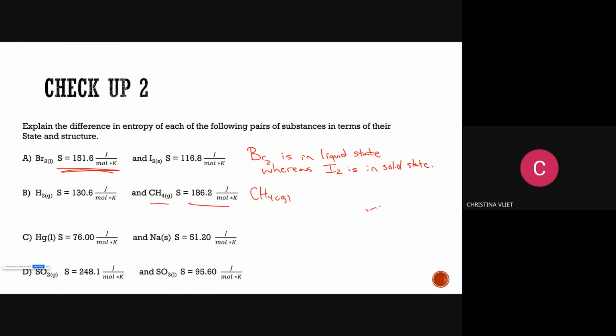So if all other things are held constant, we're looking at the complexity. And here CH4 is a more complex molecule, which basically just means that in CH4 you have more movement, like the rotation around the single bond. Whereas H2 only has this.